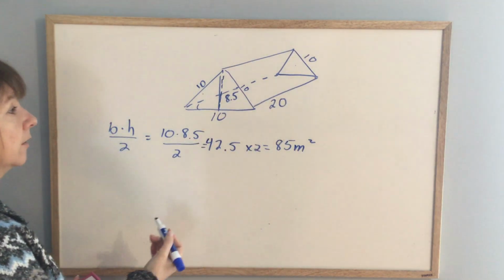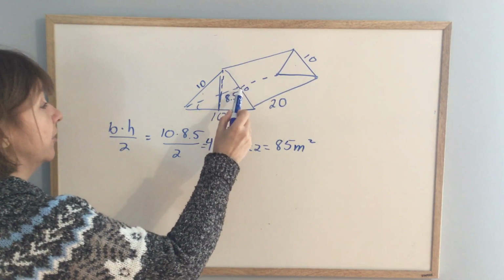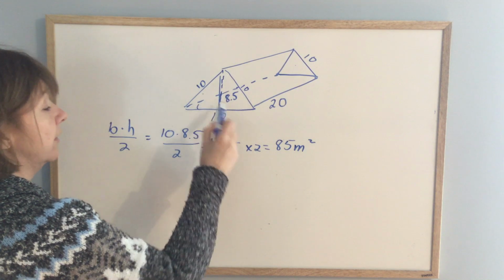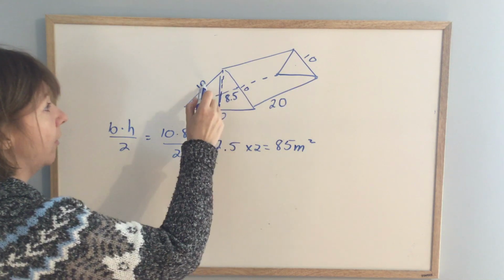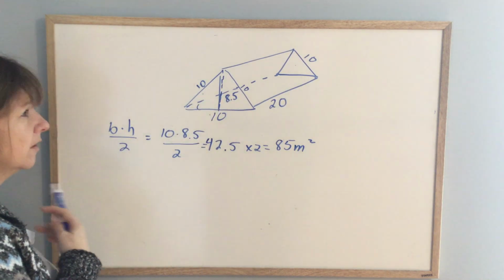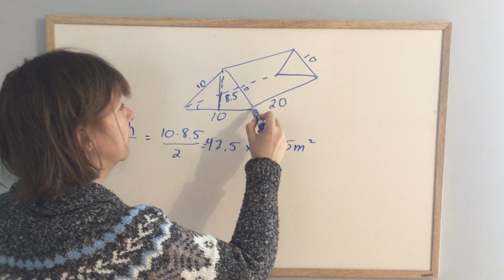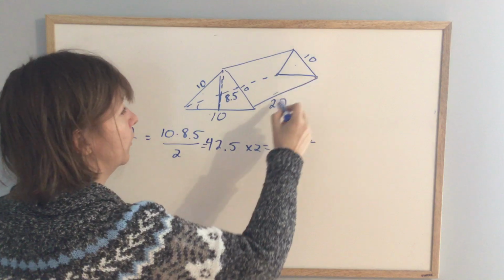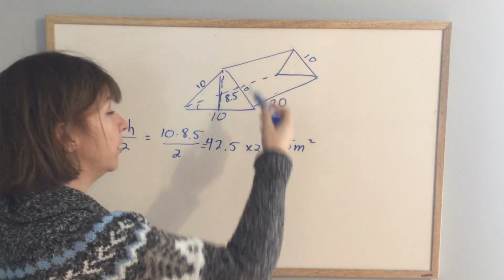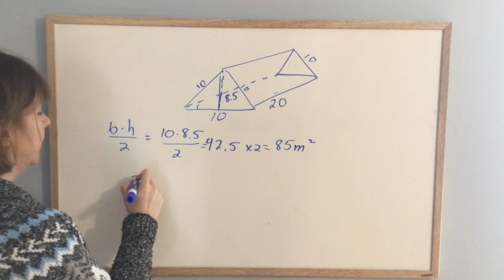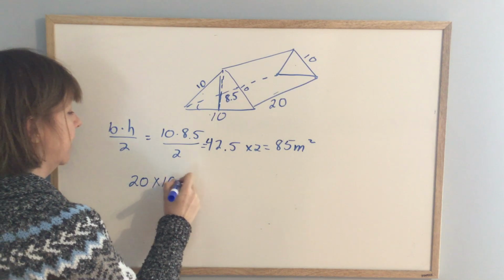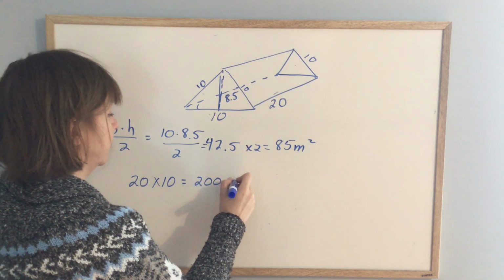So that's the triangles. Now, it turns out that all 3 rectangles in this one are the same because all of the sides of the triangle are the same. So I have length is 10, width is 20, or length is 20, width is 10, doesn't matter. So we have 20 by 10, which is 200.